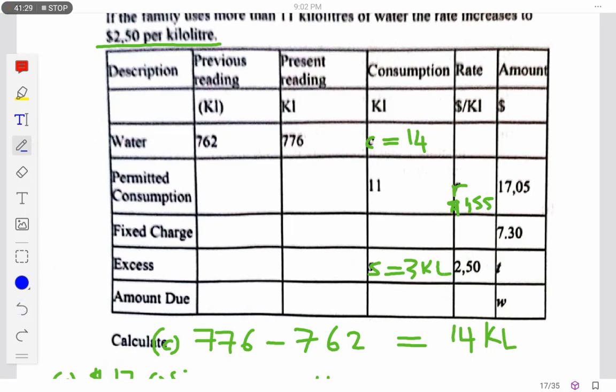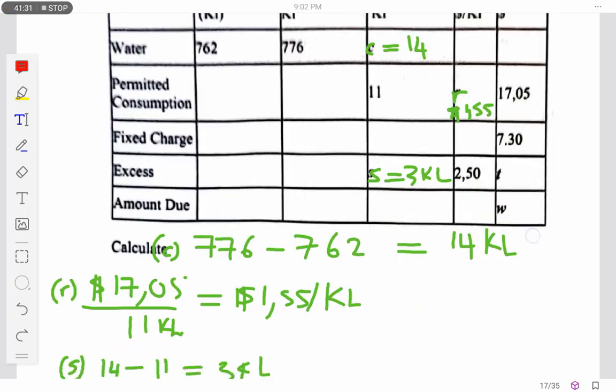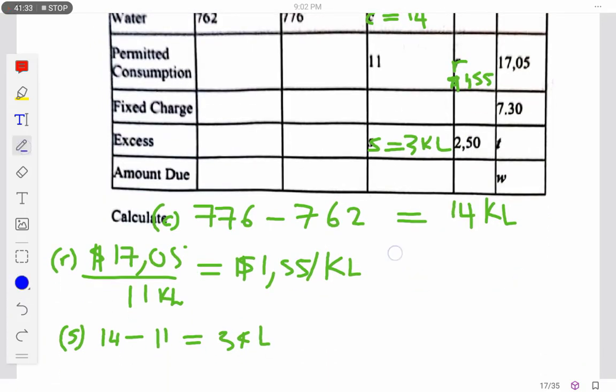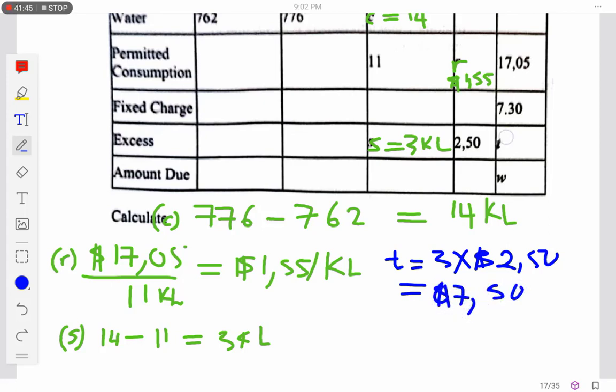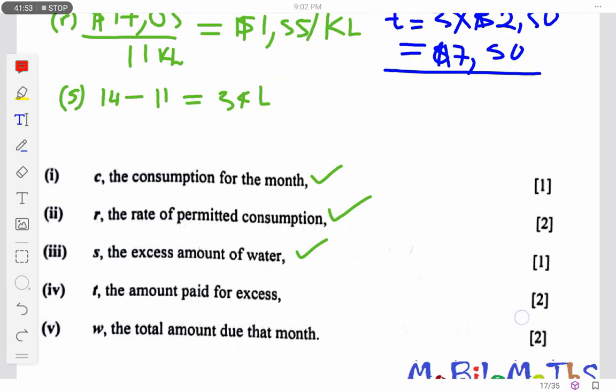So we simply multiply 3 by 2.5. So to get our T, we are saying T is equal to 3 times $2.50. Then we get ourselves $7.50. That's the amount there, in dollars. Let's move on to the next question.